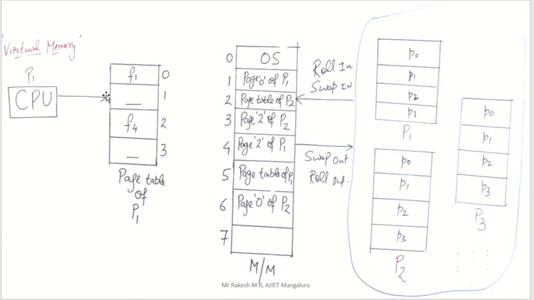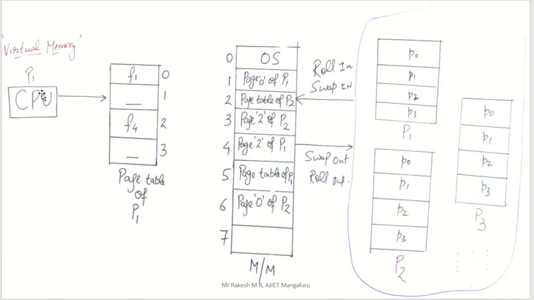Now consider there is no free frame. You already see that F7 is already booked, right? So now, the fourth time, the CPU will ask for page 3 of process 1.